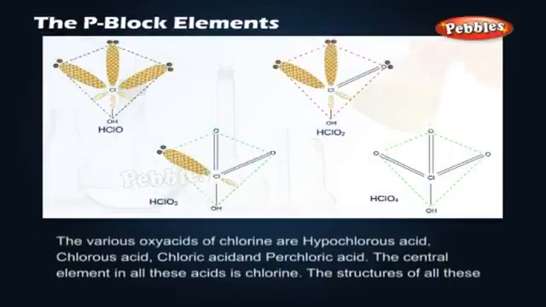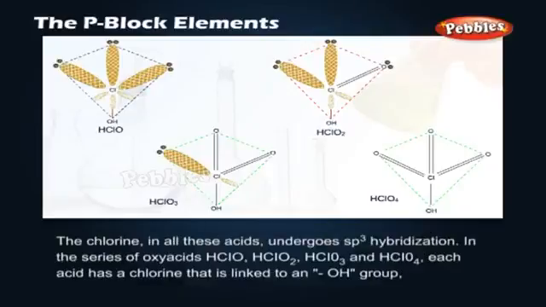Oxyacids of chlorine. The various oxyacids of chlorine are hypochlorous acid, chlorous acid, chloric acid, and perchloric acid. The central element in all these acids is chlorine. The structures of all these acids are based on tetrahedron. The chlorine in all these acids undergoes sp3 hybridization.